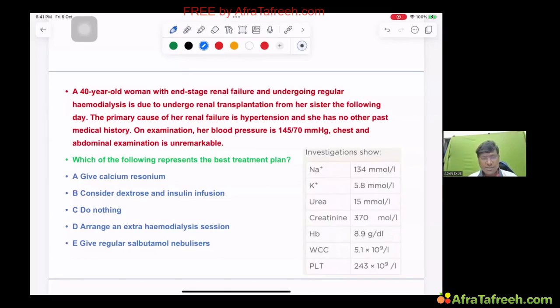The patient has end-stage renal disease and there is hyperkalemia of 5.8 millimoles per liter. Definitely potassium levels are high, and we don't know the previous potassium levels. End-stage renal disease with hyperkalemia, what do we suspect? Acute hyperkalemia or chronic hyperkalemia?